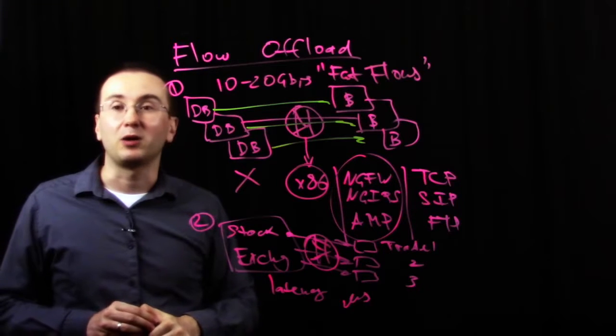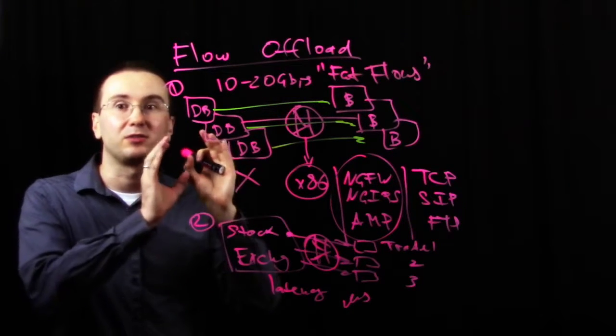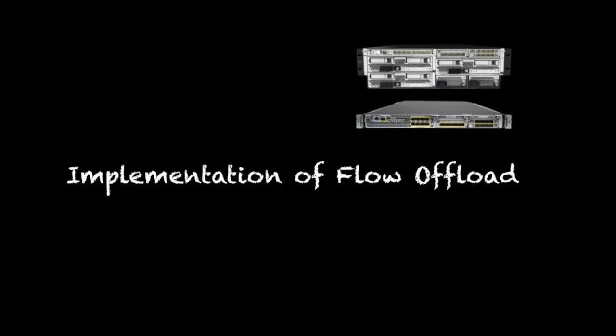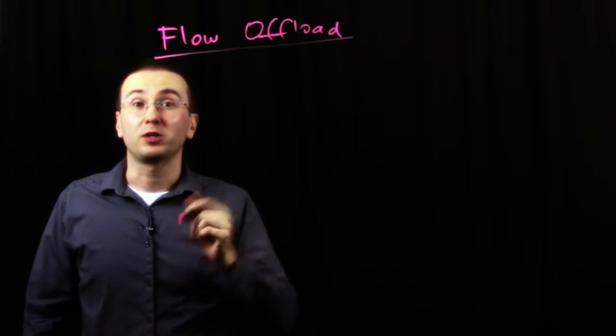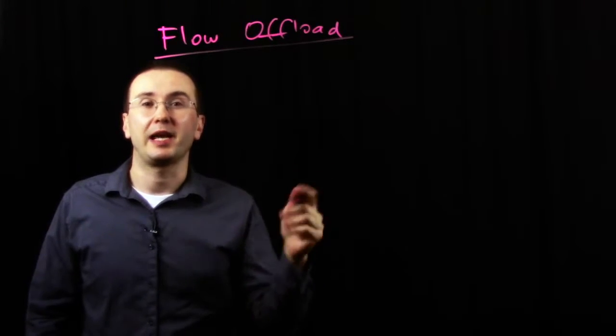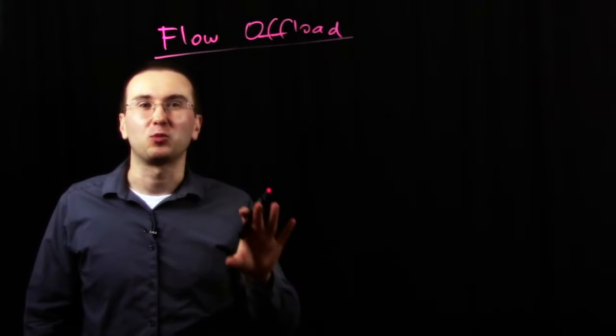So let me talk to you about what we do in our Firepower appliances to implement flow offload for this use case. On the Firepower platforms, we have a special module that helps the x86 CPU complex with a basic network-centric task.